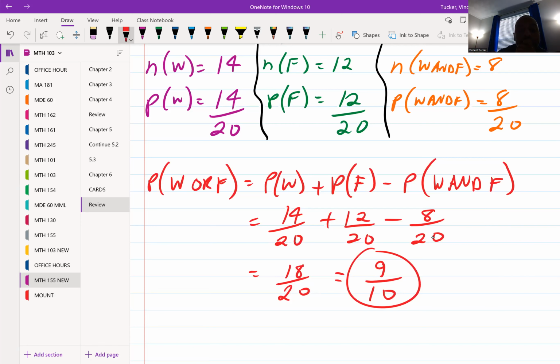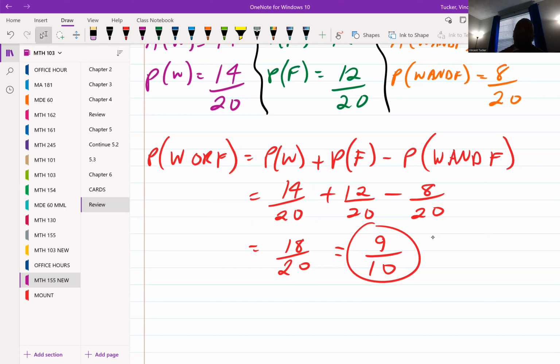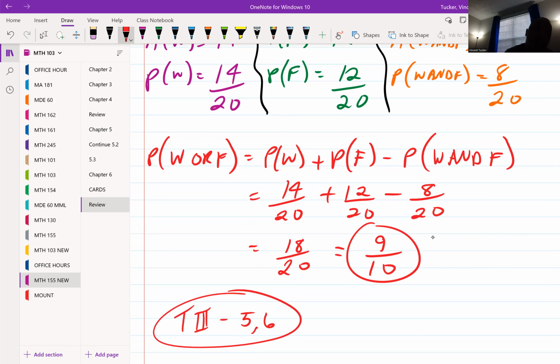Everybody calm? Okay. So that's it for chapter 6. The next test should be test 3 for us. I'm just going to post that in Math Lab in chapters 5 and 6. First one was 1 and 2, second was 3 and 4, and this one's 5 and 6.